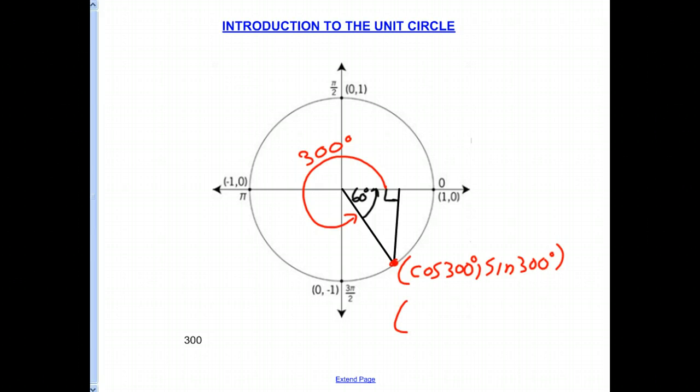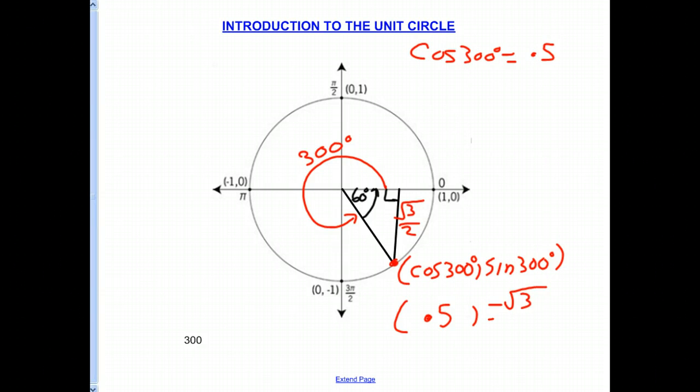And therefore, we know that it's 0.5, and that tells us immediately that the cosine of 300 degrees is equal to 0.5, because it's equal to the cosine of 60 in the fourth quadrant. And we know that the sine of 300 degrees will be equal to the sine of 60 in the fourth quadrant. We know that sine of 60 is the square root of 3 over 2, but notice it's negative in the fourth quadrant, because the y value would be negative.